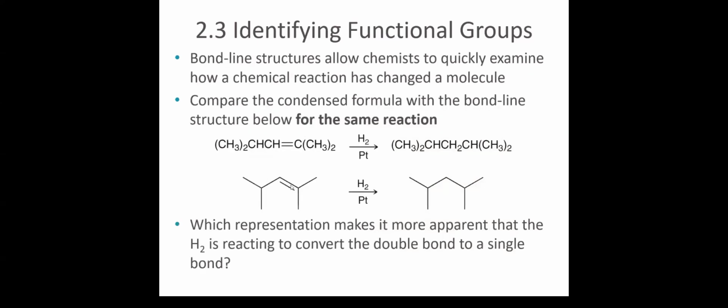For example, with carbon-carbon double bonds, if you add hydrogen and platinum, the double bond becomes a single bond. So I don't have to memorize 8 million different reactions. I just have to know that whenever I add hydrogen to a carbon-carbon double bond, it will become a carbon-carbon single bond. Where did the hydrogens go, by the way?